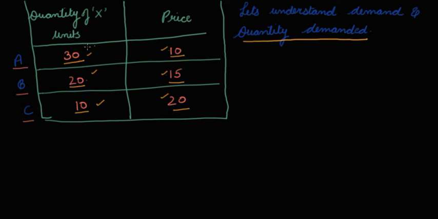If we take this whole table, then this is your demand. But when we take this particularly at different levels, that is your quantity demanded. So I hope you have completely understood demand and the quantity demanded.